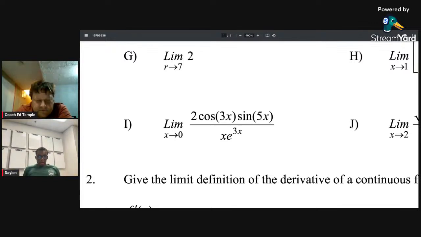Okay, here we go. The tangent. Let's see. Okay, it says I'm looking for. Trig functions.